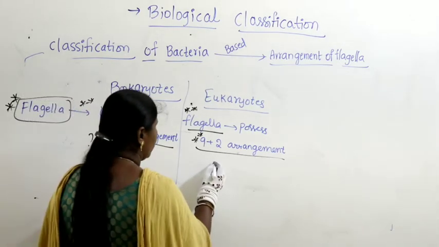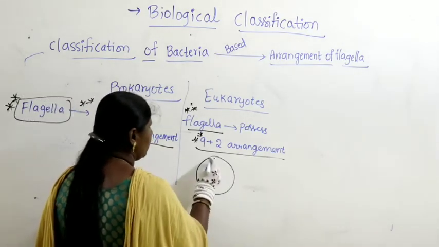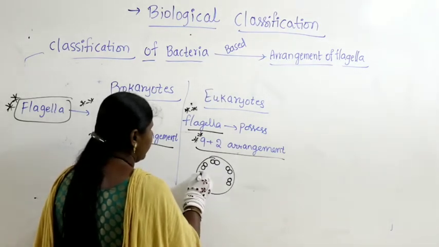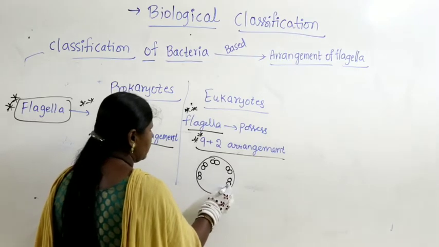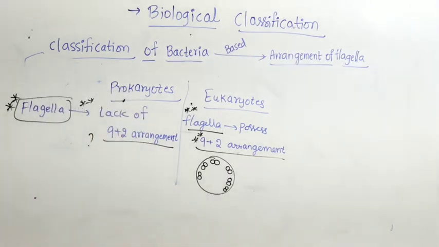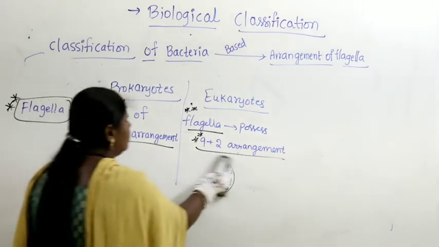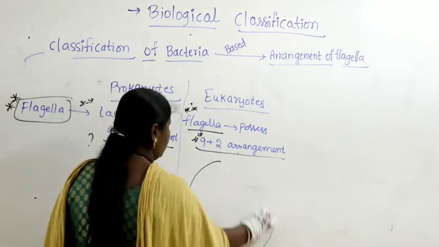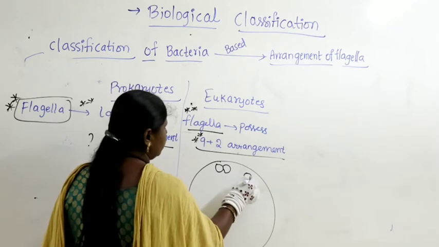Now in case of eukaryotes, if you look here, we find 9 microfibrils like this, as we generally draw. Let us draw somewhat big, then only you can understand. So here it is like this.